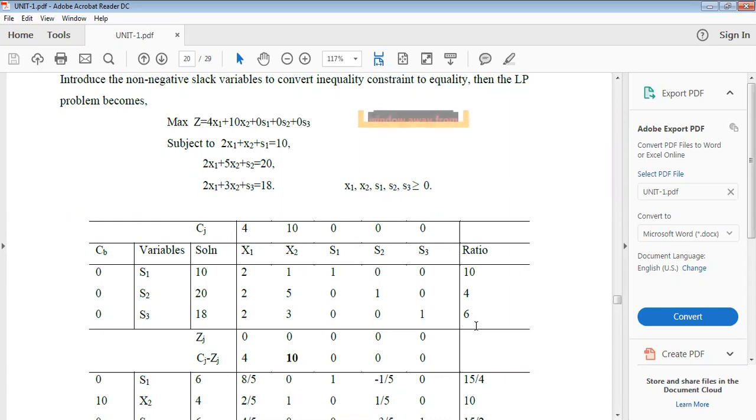Among all, what is the least ratio? 4 is the least ratio. Therefore you mark a horizontal arrow here, and 5 becomes the key element. This becomes the entering column and this is the entering row, and at this particular junction, 5 is the key element.